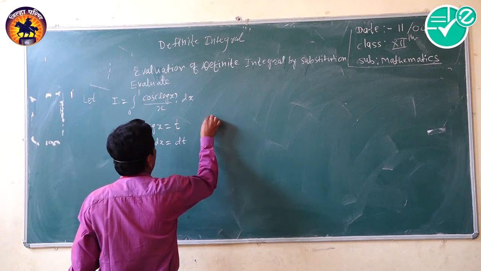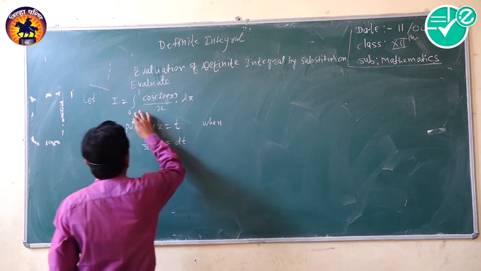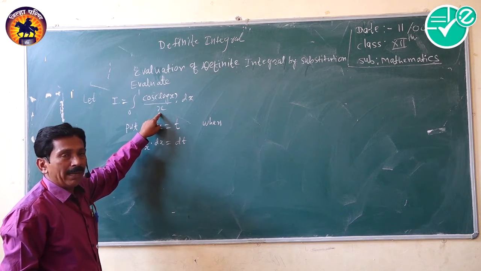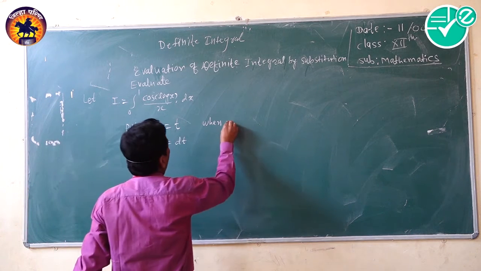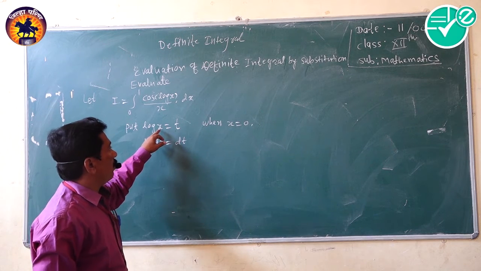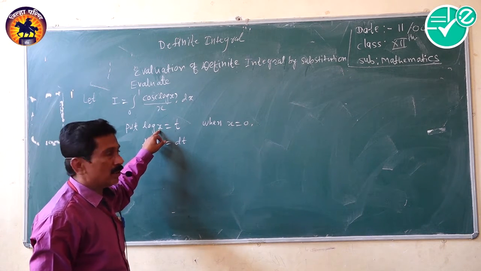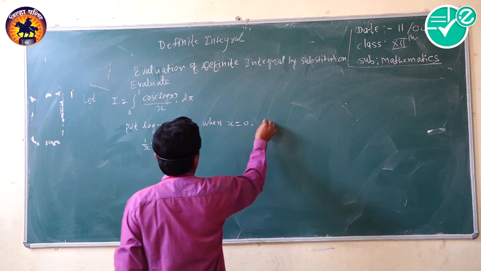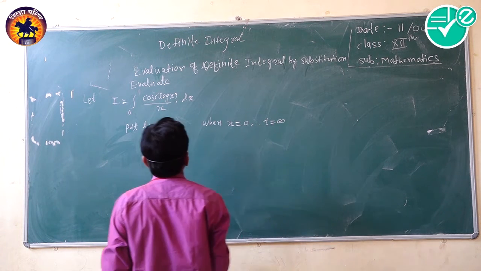Now here limits 0 to 1 are for variable x. Now when x is equals to 0, log of x, that is log of 0, then t is equals to infinity.